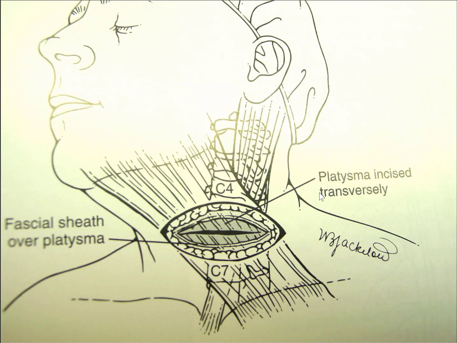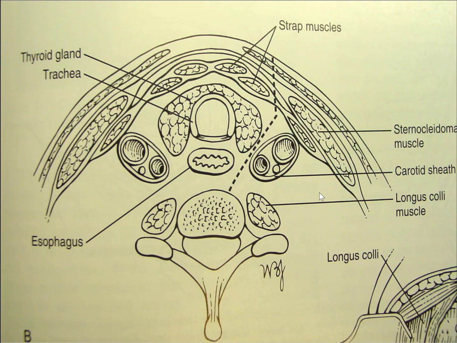Just about the surgery, we didn't say. So for an anterior surgery, a transverse incision is, I think, aesthetically more pleasing. You cut through the platysma, and then after the platysma, you go between the sternocleidomastoid muscle and the strap muscles.